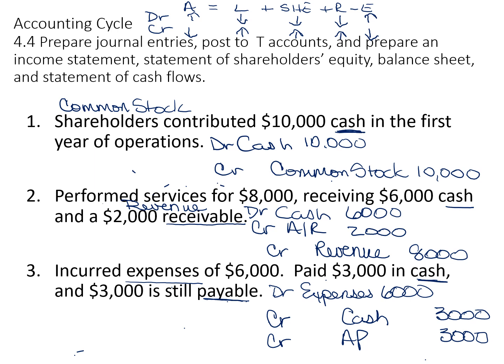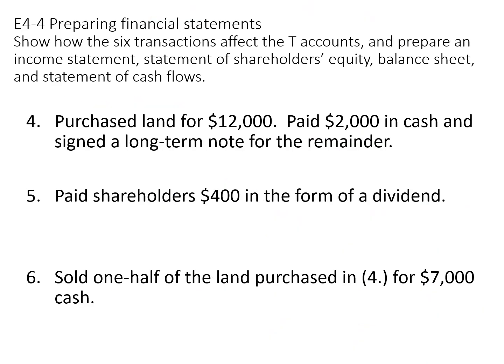Keep this in mind because I won't be able to flip back to the slide, but remember these thoughts. All right, next, we purchased land, an asset, for $12,000. So I know my land, the asset, is going to be debited because it's increasing $12,000. We paid, which means that's going to credit cash $2,000 because cash, the asset, is going down, and we signed a long-term note for the remainder.